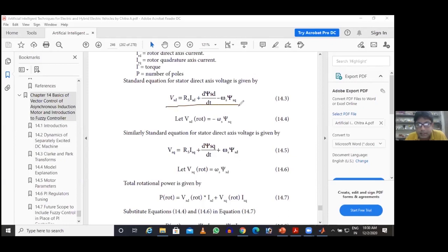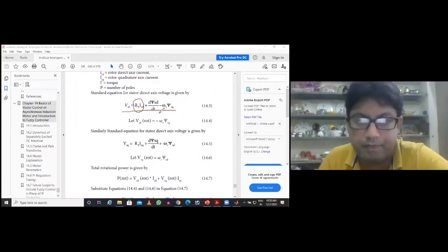So this is the stator direct axis governing equation. It is very simple if you see the equivalent circuit. This part is the resistive part. It's a KVL, simple Kirchhoff's voltage law.